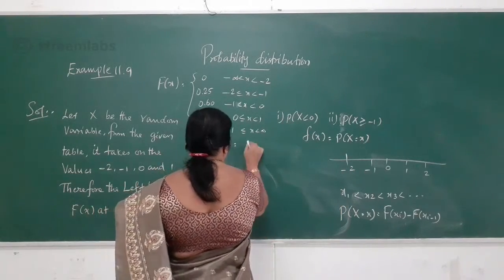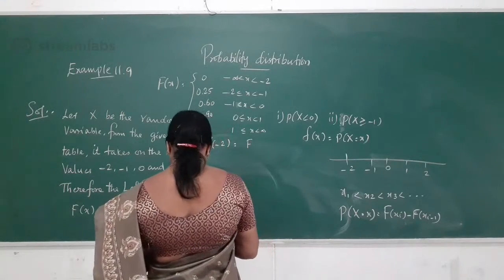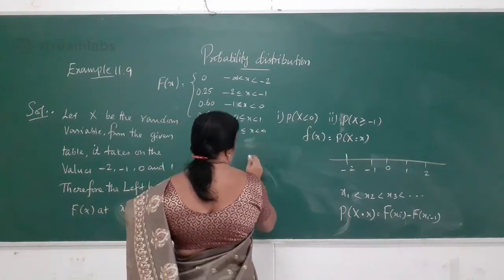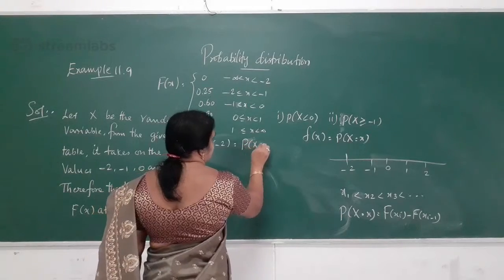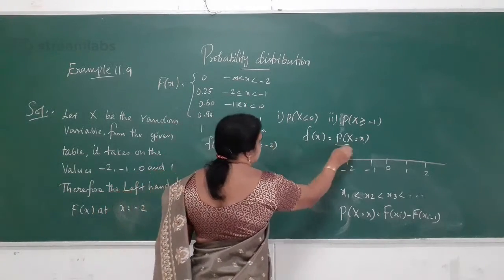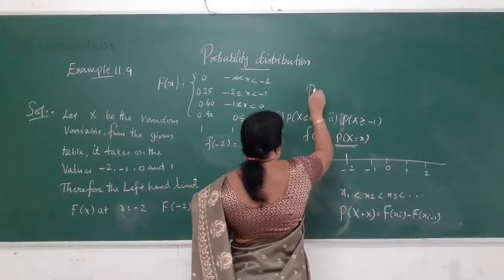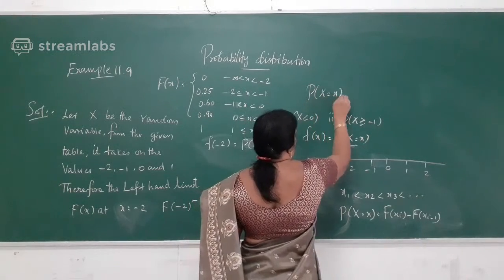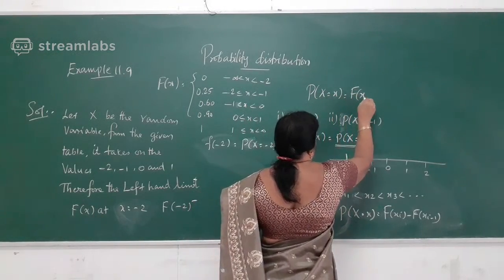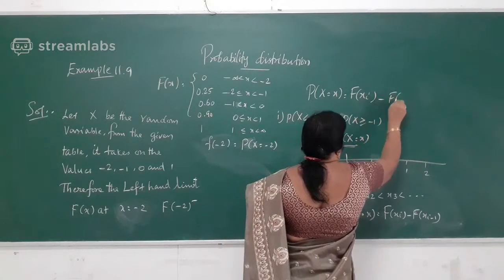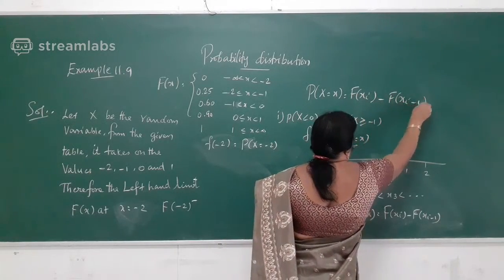For P of X equal to minus 2, the formula is F of xi minus F of xi minus 1.